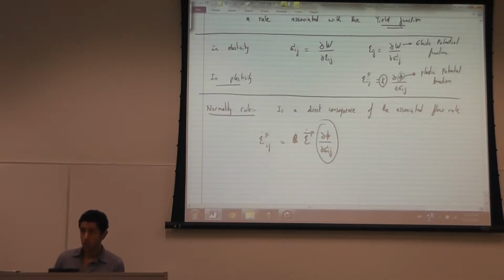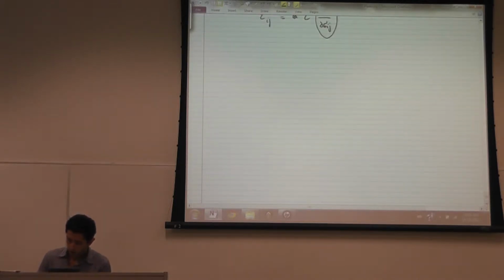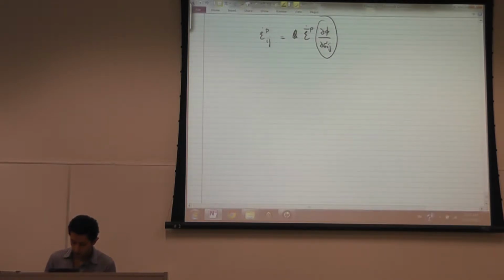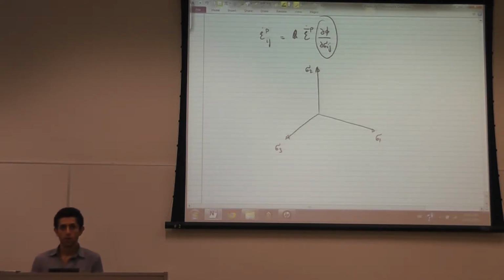Now partial phi by partial sigma j, I'm going to draw the yield function in the stress space. I'm going to use the principal stresses because I have 3 principal stresses, so I can visualize it in the principal stresses space, but you can look at it as in a space of 9 dimensions, sigma, in the dimension having sigma 1, sigma 2, sigma 3, and so on.